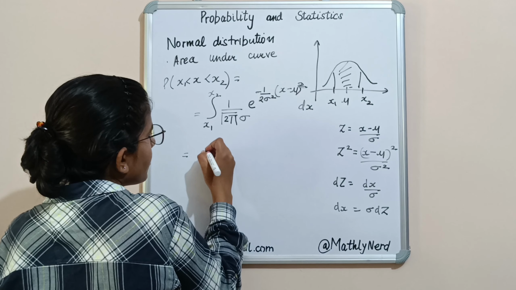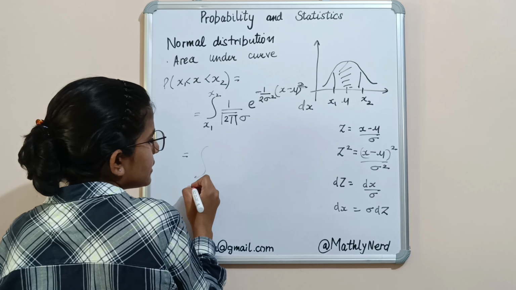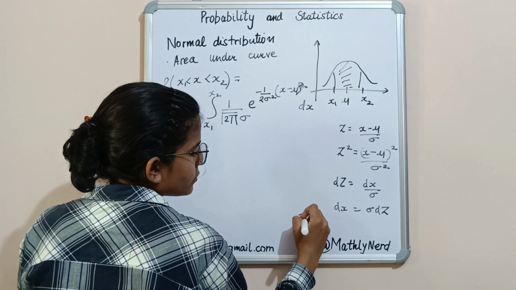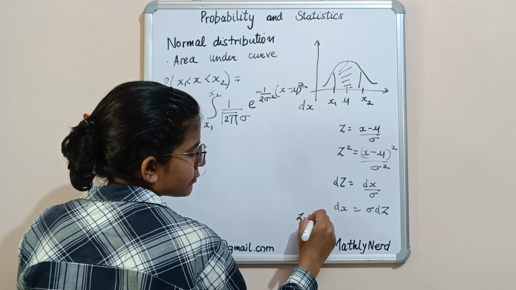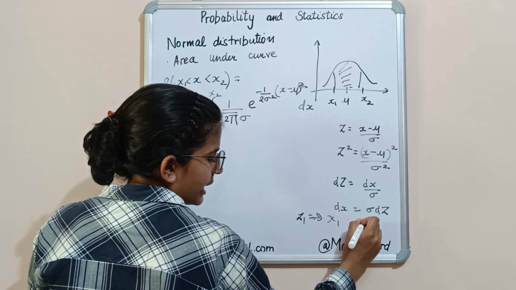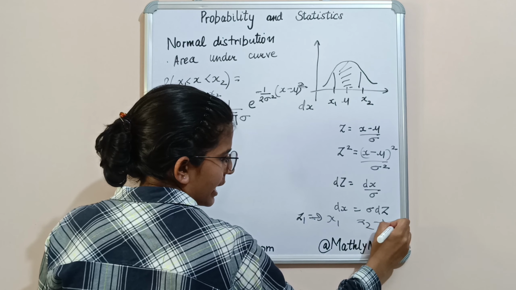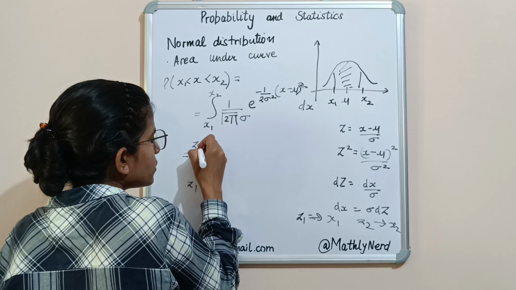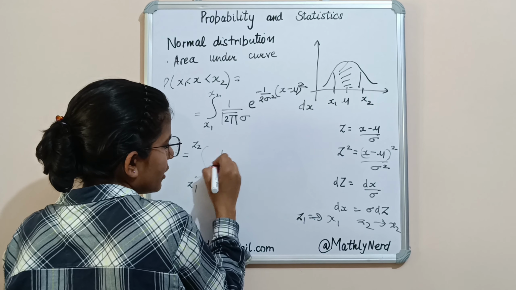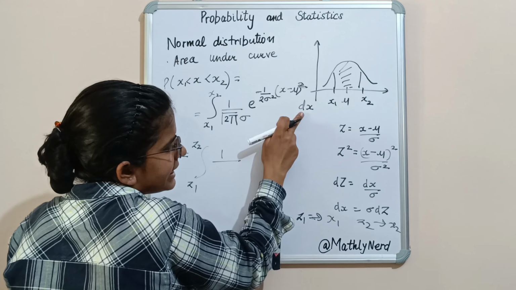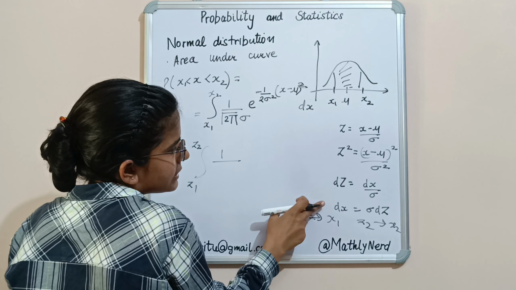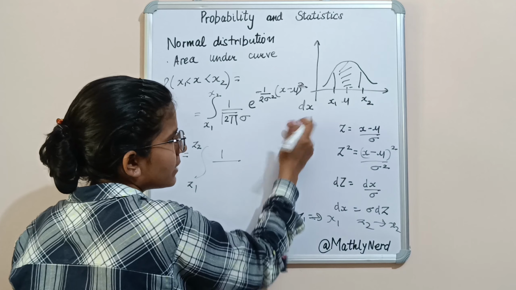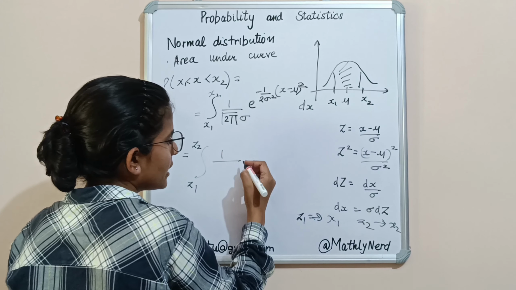So if we write this, and we take z1 for x1 and z2 for x2, this will be equal to the integration from z1 to z2 of 1 by sigma into dz, and dz is dx by sigma.